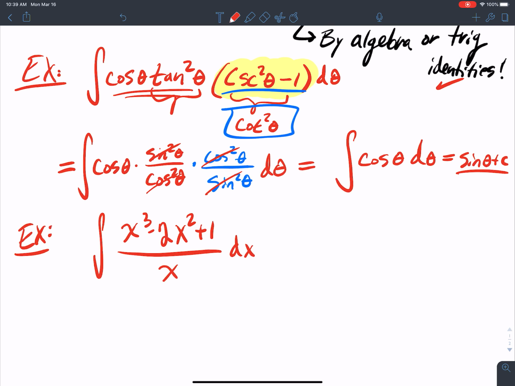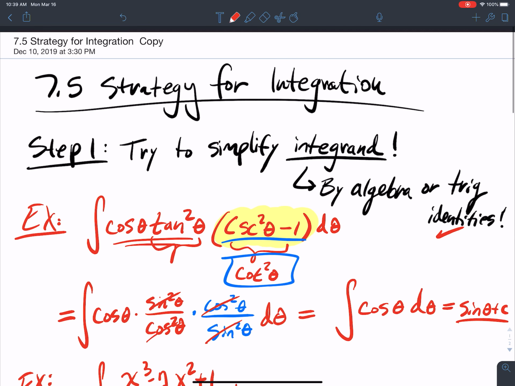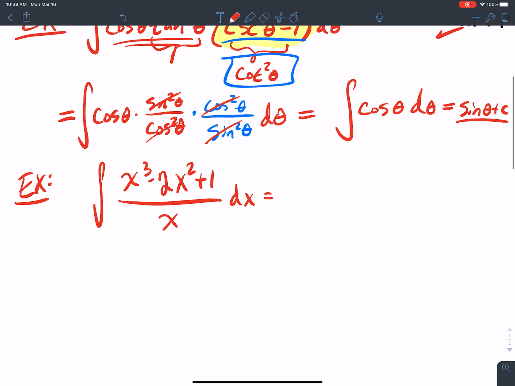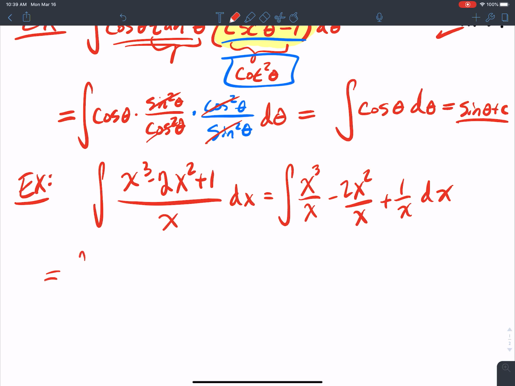Now, if I divide this through, I get x cubed over x minus 2x squared over x plus 1 over x dx. And so this reduces to x squared minus 2, I'll take the 2 out, x plus integral 1 over x. Okay?